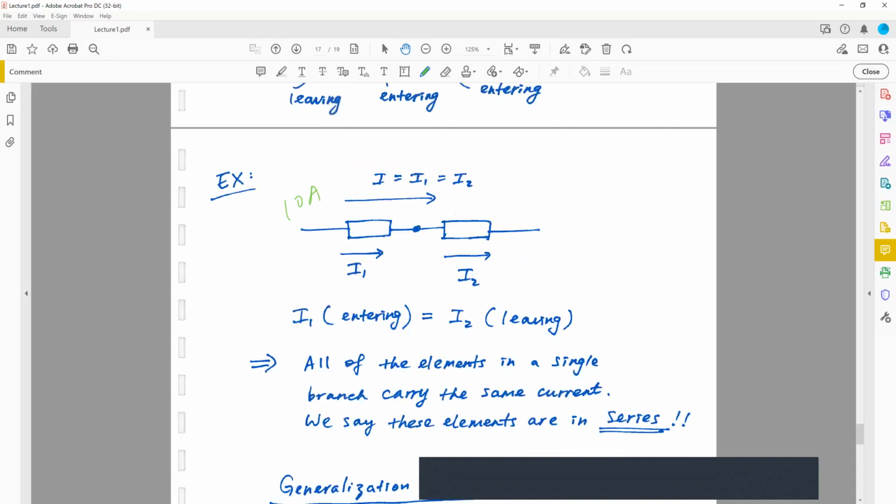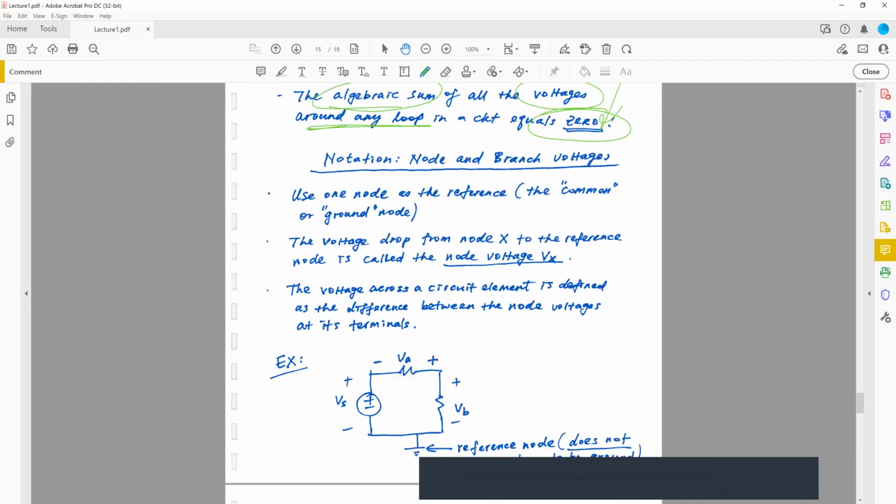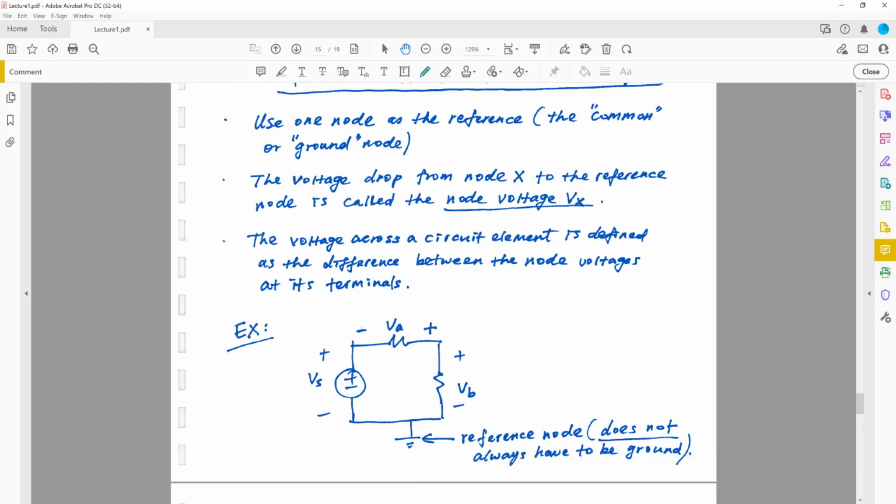All right. So I wanted to come back and talk about this reference node concept a little bit. This is rather important because oftentimes when we specify voltage, we have to reference it to something, and that something, in the simplest context, is usually your ground, because ground carries 0 volts, and we like to use 0 volts as our reference.